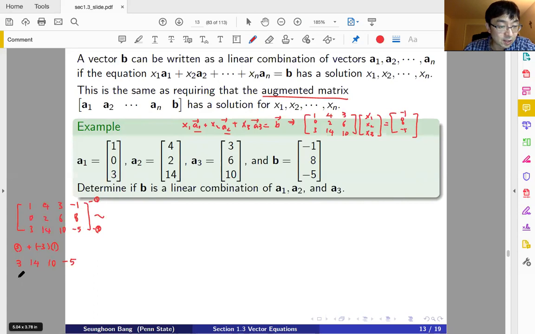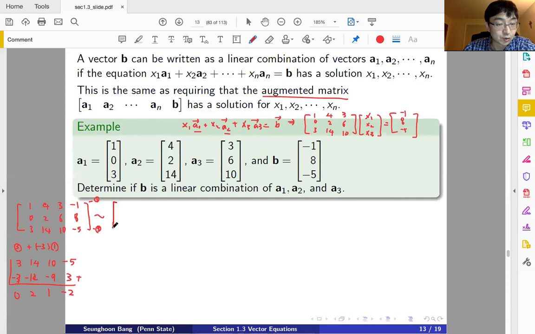The first row is 1, 4, 3, -1. Negative 3 times 1 is negative 3, negative 3 times 4 is negative 12, negative 3 times 3 is negative 9, and negative 3 times minus 1 is positive 3. Next, you add these two rows. So we have 0, 2, 1, negative 2.